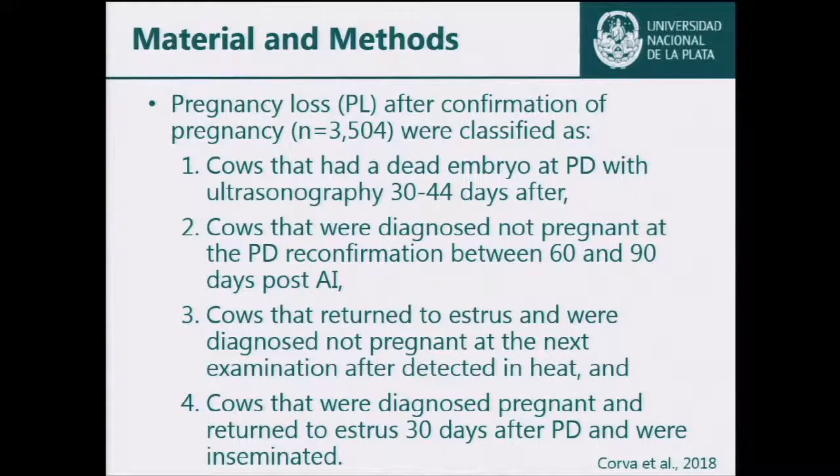The third was cows that returned to estrus and were diagnosed not pregnant at the next examination after detected heat. So the cow was diagnosed pregnant, but then was seen in heat and it was confirmed that it was open. And finally, cows that were diagnosed pregnant and returned to estrus 30 days after pregnancy diagnosis and were inseminated.